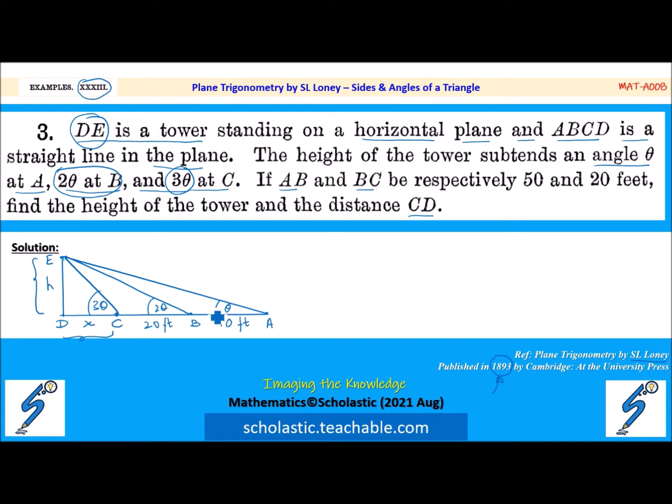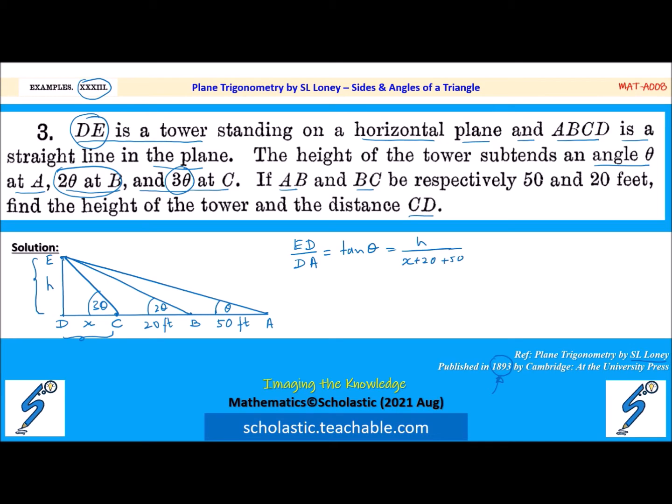So using trigonometry, we can write few equations. One, we know ED divided by DA is equal to tan theta. But ED is H, DA is equal to X plus 20 plus 50.